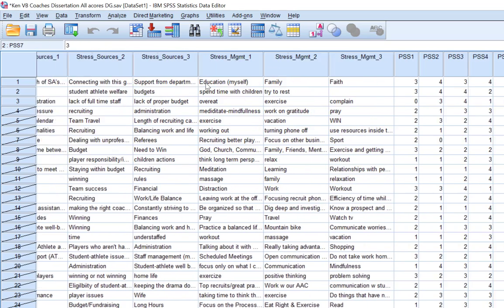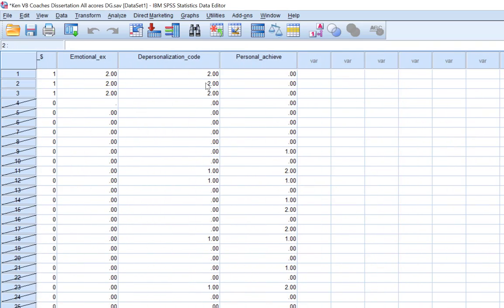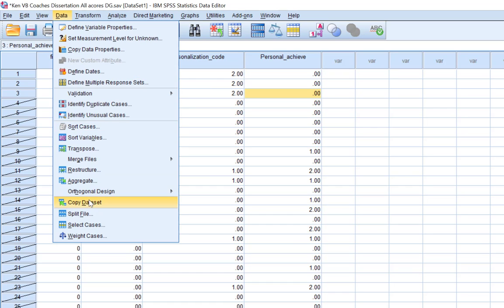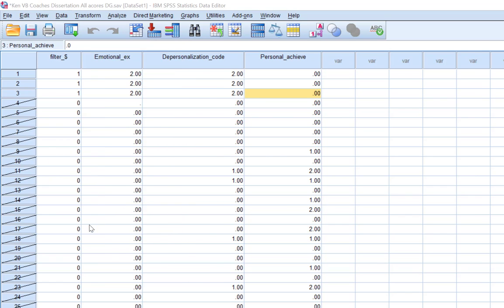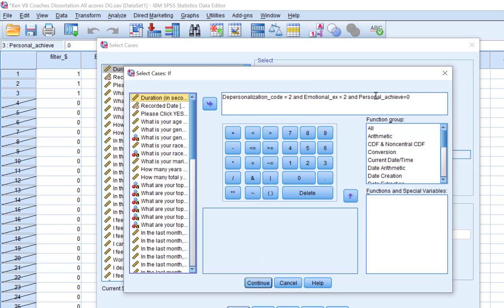What if we did 2, 2, 1, 0, 1, and, let's expand that a little bit. Or just do emotional exhaustion, since that's supposed to have the most, and get rid of personal achievement.